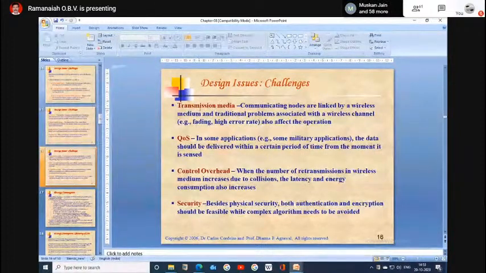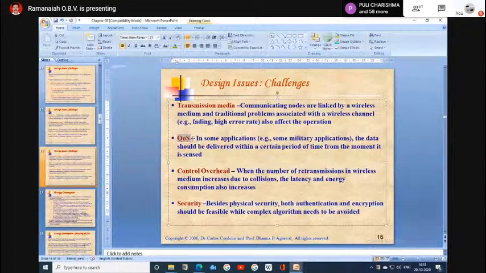Then other design issues are transmission media, quality of service, control overhead, security. Transmission media, here we are using a broadcast medium which has a high error rate. So given these errors, how do you deal with that? Then the quality of service. So when you want to have a value-added application, we must implement this parameter, quality of service.